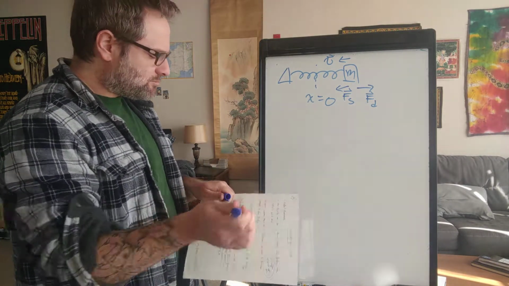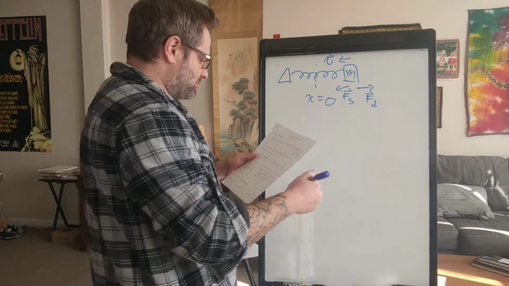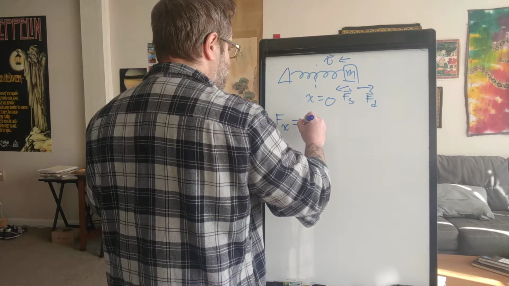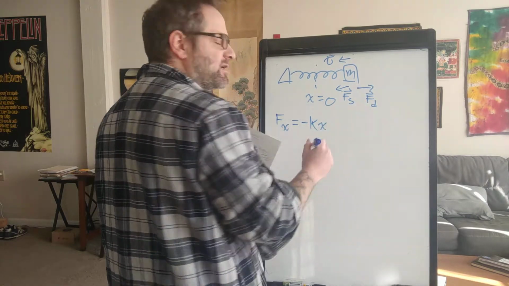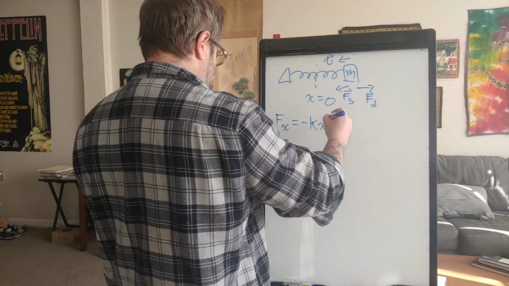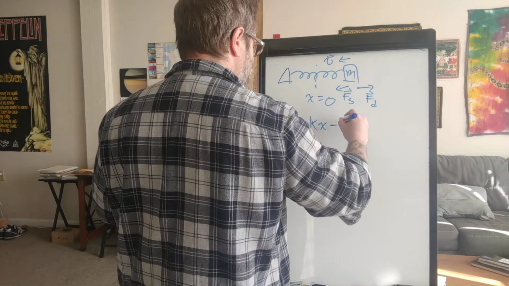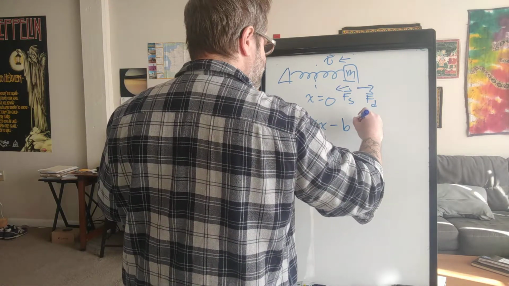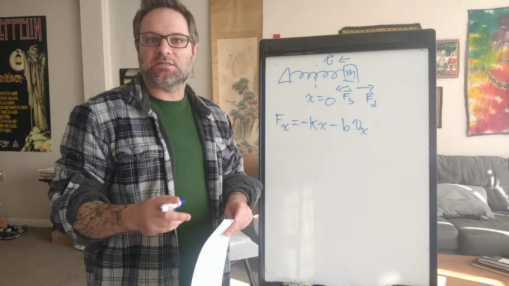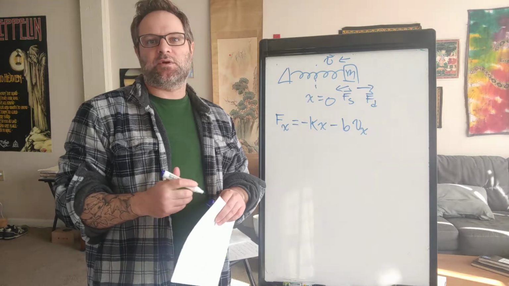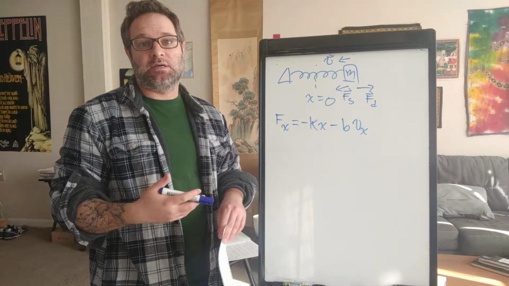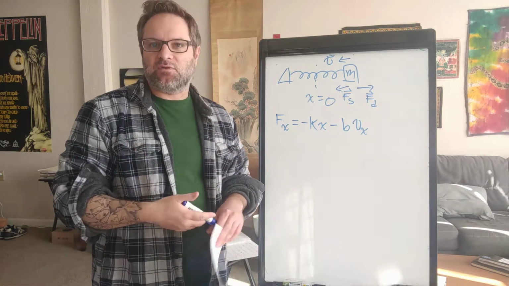So we want to write the total forces in the x direction. That is negative kx, which we get just from Hooke's law for a spring. And now we have to add a negative b v_x, where this b is the drag coefficient, and that depends on the shape of this object, how viscous the fluid is, and several other factors.